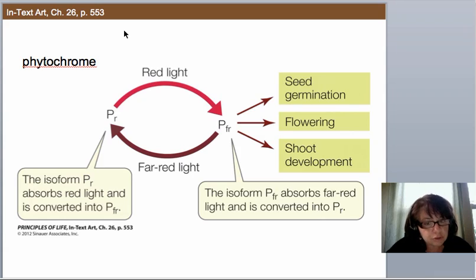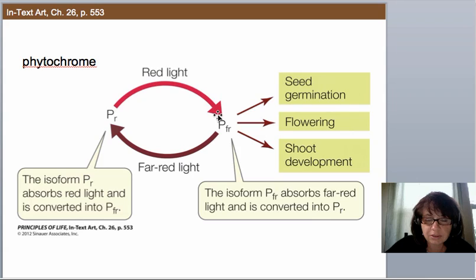More in the line of signal transduction again, but now we're not responding to a hormone, we're responding to light. Now remember, in the light spectrum, we have Roy G. Biv, so red, orange, yellow, and so on, violet. You can go beyond red, and that would be far red light. So this phytochrome responds to red light, and it responds to far red light.